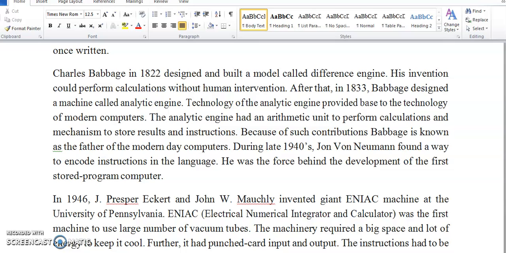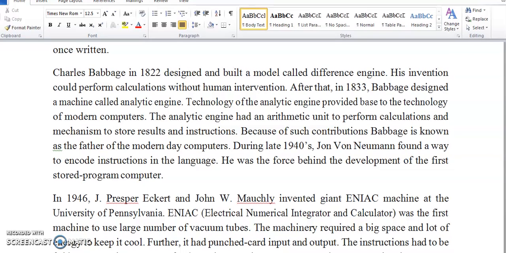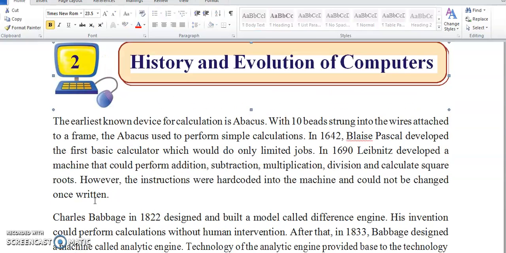So in your history you learn about the Boston Tea Party. Same way, the history of computer is how the computer started, who started it.